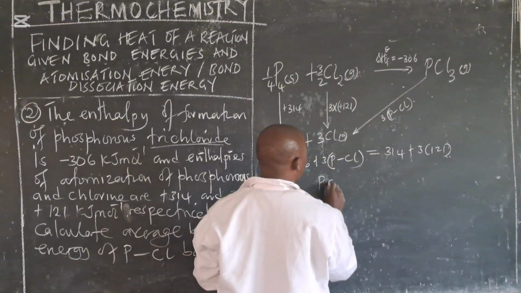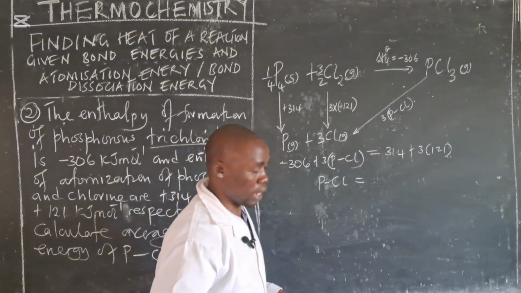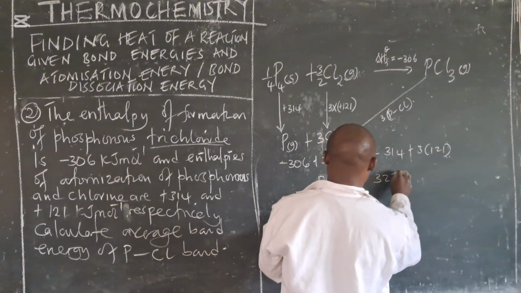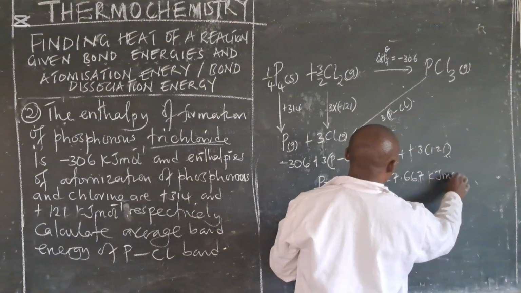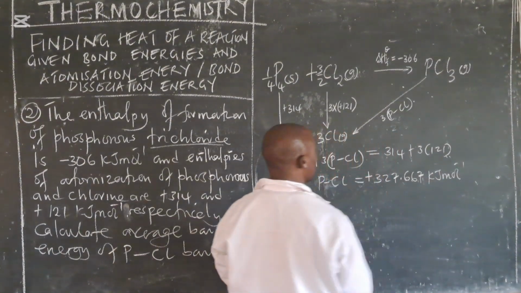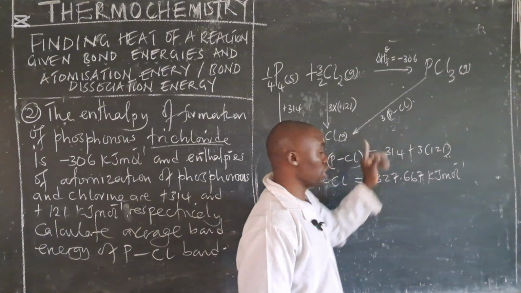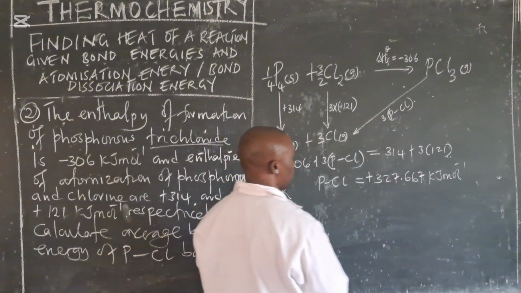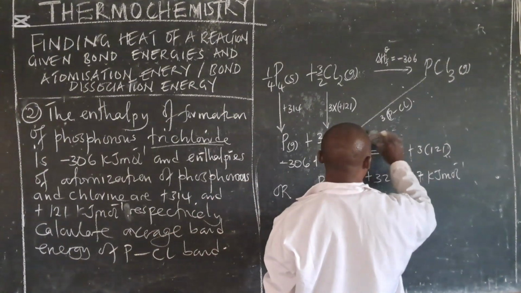So solve for the PCl bond there, punching that value. So this is 327.667 kilojoules per mole. This is positive because the arrow is facing into dissociation. Alternatively, another student can reverse this and make this arrow go up.